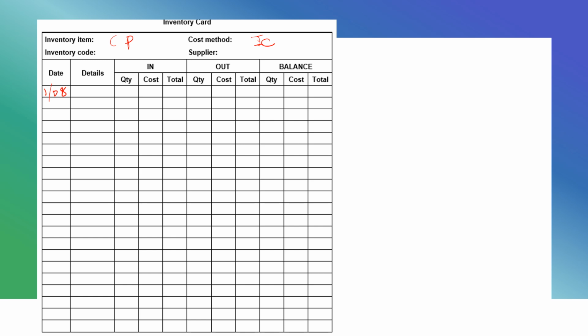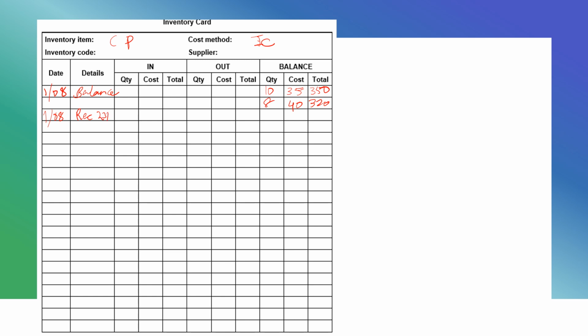Now start out with the same thing, 10 at 35, 350, and you've got the 8 at 43.20. Now 1st of August transaction, the other one, so that's your balance. Now the other one, which was the receipt, and the receipt number was 231.